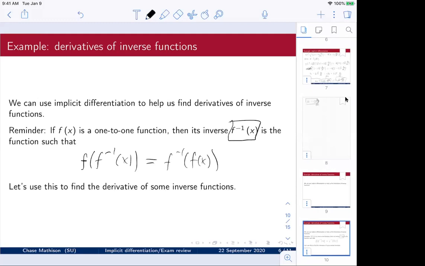Both of these are equal to the same thing, and that thing that they equal is just x. So we're going to use this to find derivatives of inverse functions, okay?